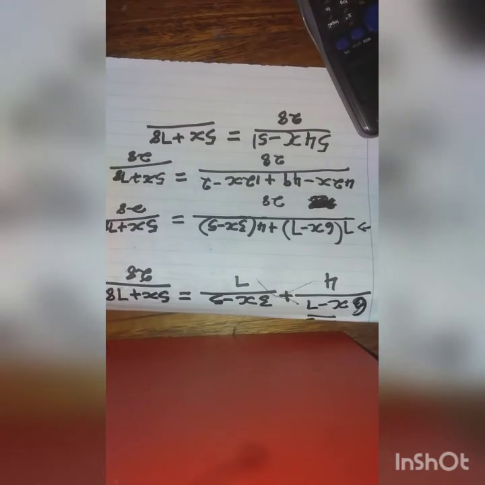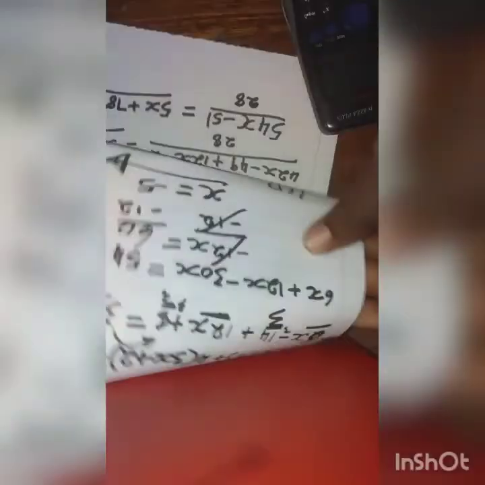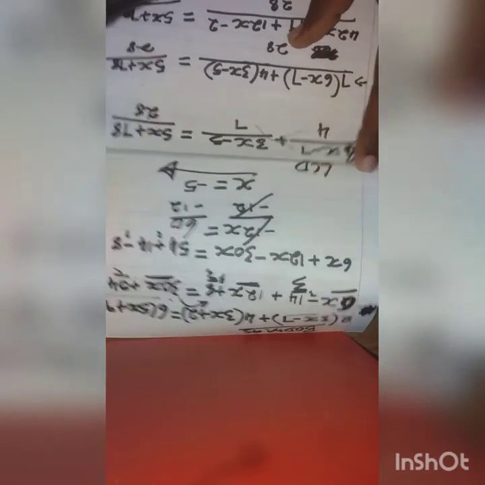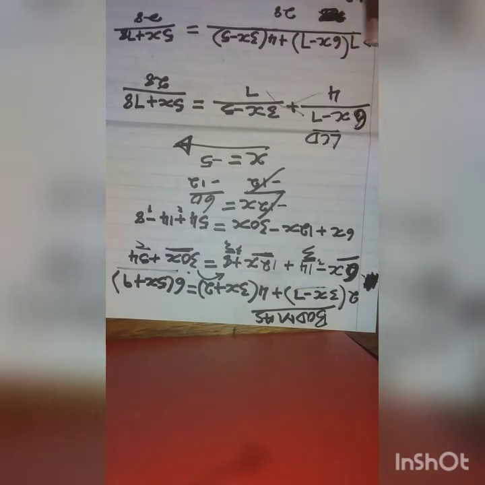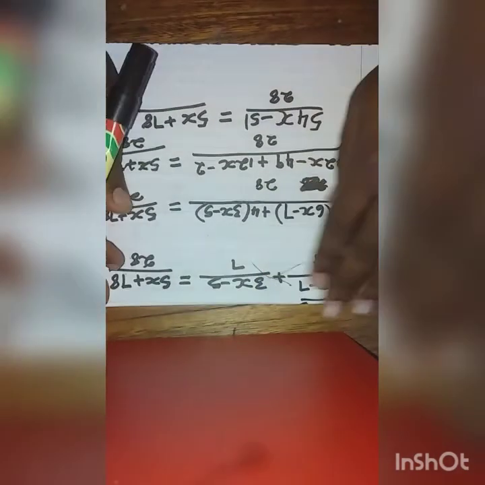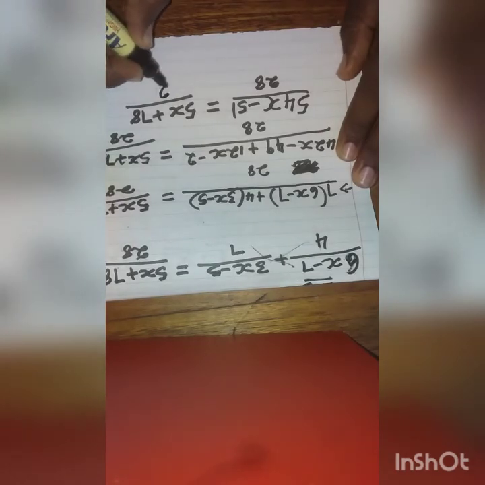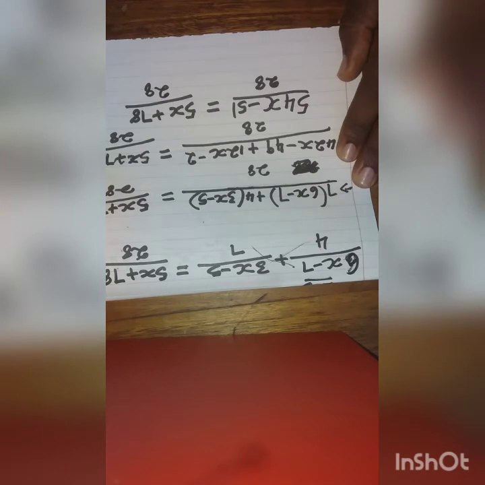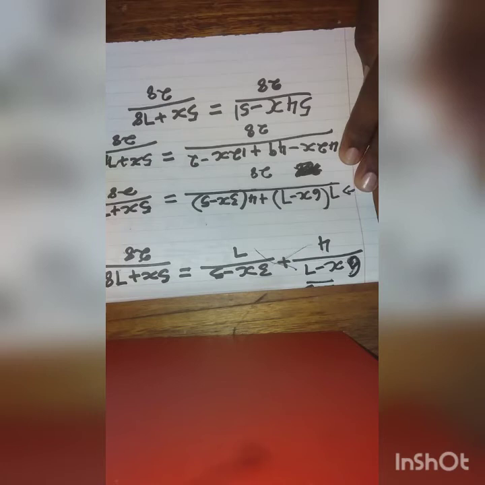Over 28. So now you can cross multiply. This is now the simplest equation you can ever come across.